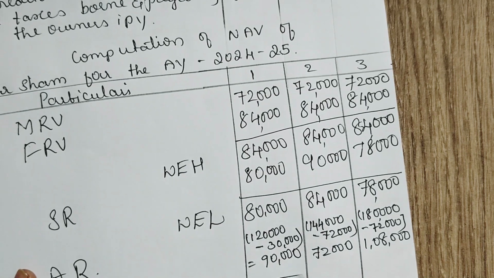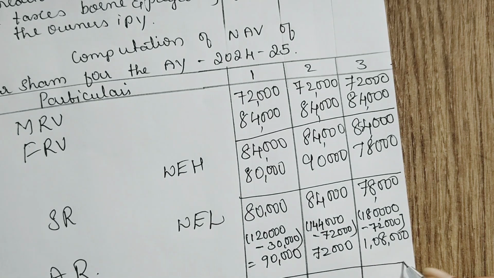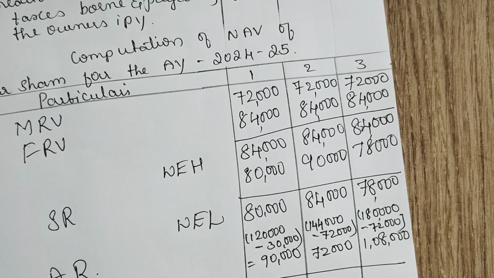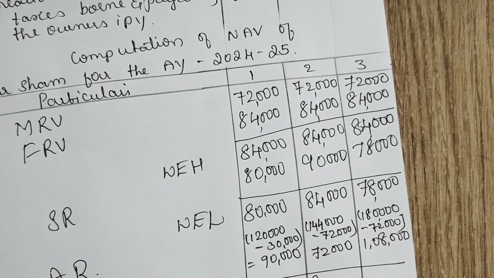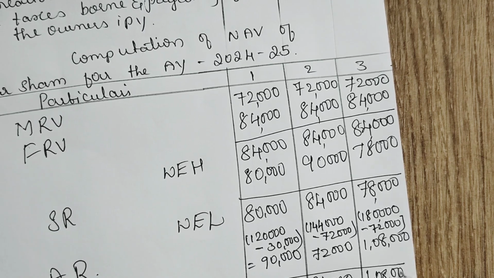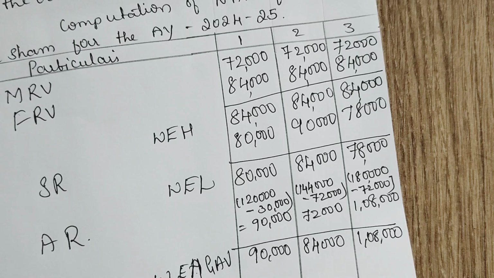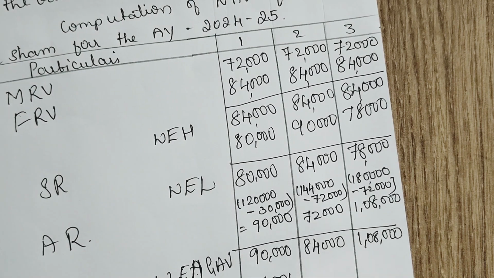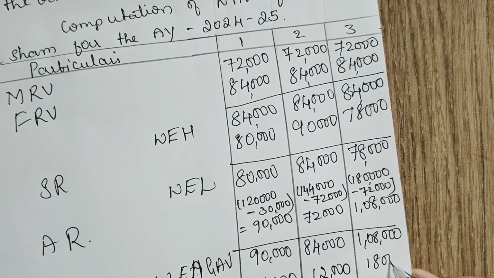Now whichever is higher is your gross annual value: 90, 84, 1,08,000. Now from this amount we have to minus tax to get the NAV, net annual value, less tax. Tax is also given, that is 6,000, 12,000, 18,000.